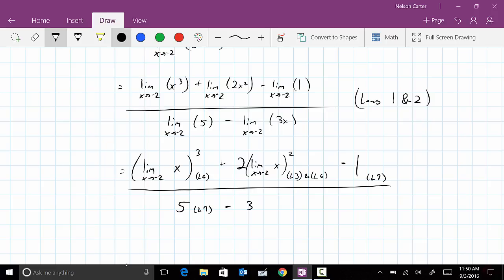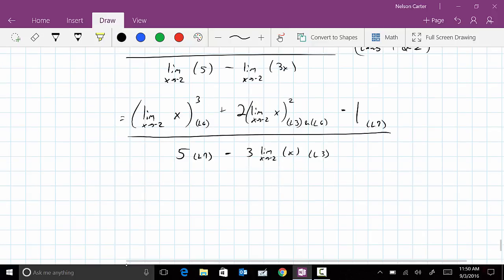And then minus 3 times the limit as x approaches -2 of x. So I used that constant rule, that was law 3, right? The constants could come out. Now the limit as x approaches -2 of just x is going to be -2, and then it's being cubed. All I did here was evaluate the limit. The limit as x approaches a of x is just a.